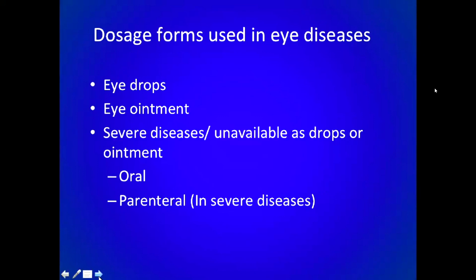Some of your grandparents might undergo cataract surgery, and post-cataract surgery you have to apply eye ointment or eye drops. So you might be doing it for your grandparents, and it is better that you know how.